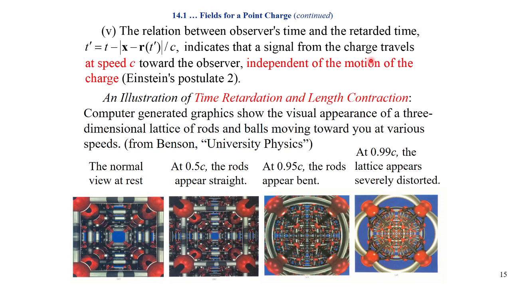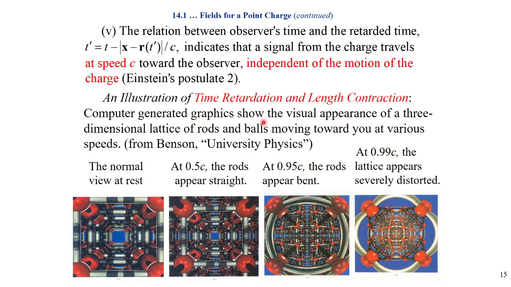Discussion number 5. The relation between the observer's time and the retarded time is simple. t prime is the retarded time, t is the observer's time. This indicates that the signal from the charge travels at speed c toward the observer, independent of the motion of the charge.